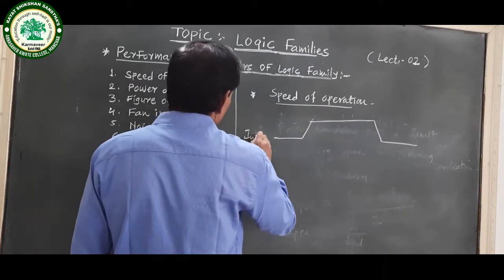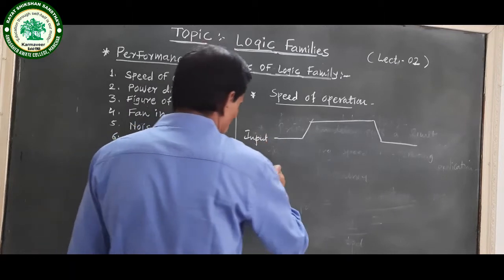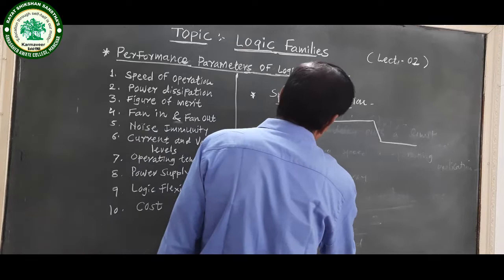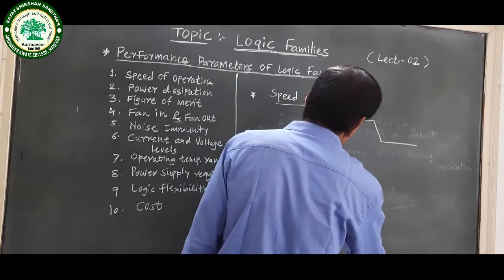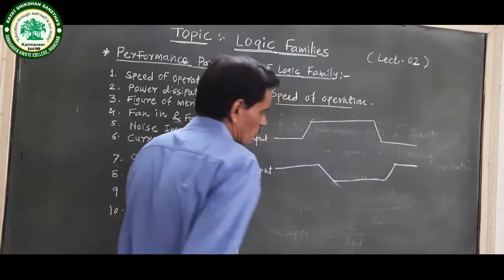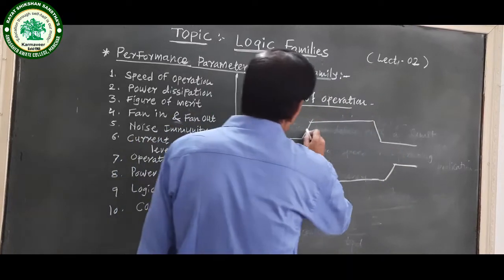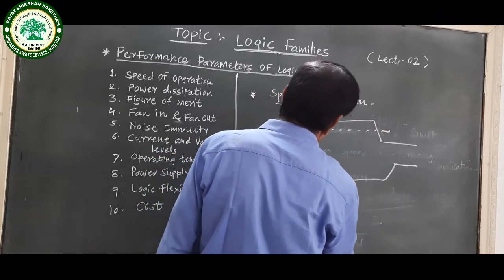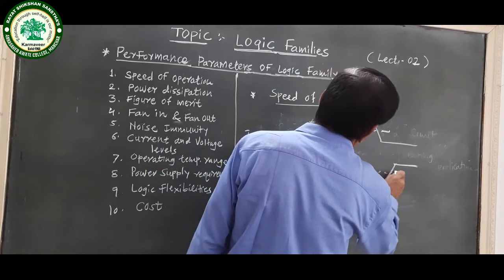This is the input. Now across the output of the NOT gate, you are getting the pulse like this, an inverted pulse. The 50% levels of that are indicated like this.